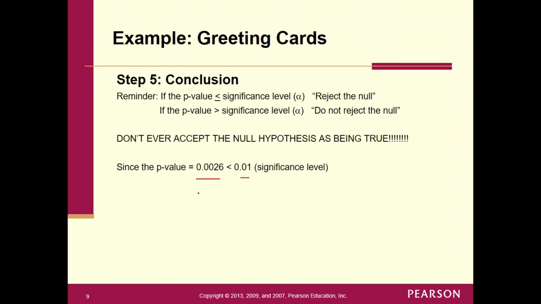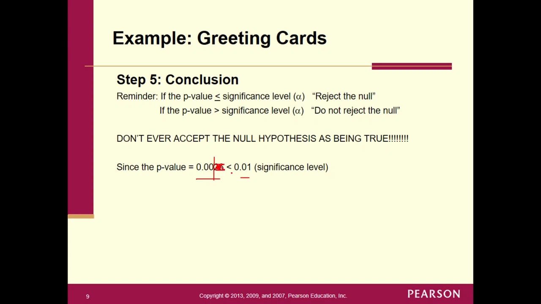So let's see. 0.0026 is less than 0.01. If you ever have trouble with this, I'll give you a little hint. I apologize if you're already good with decimals and you can easily do this. Since this is in terms of 2 decimal places, just take a look at the first 2 decimal places. You can almost forget about the rest.